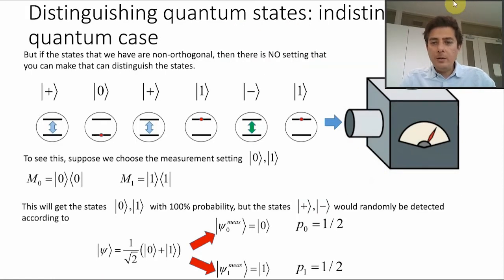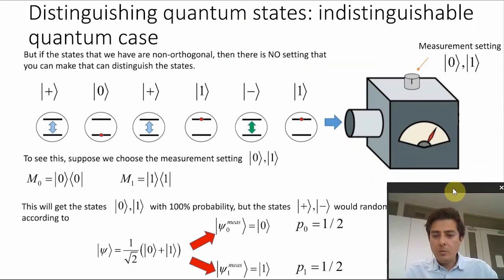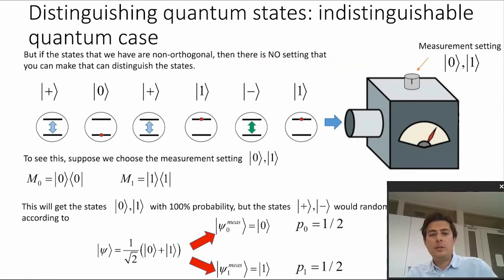Okay, now let's do a case where we cannot distinguish between the quantum states perfectly. In this case, it's sort of a hybrid of what we were talking about in the last two slides. Now suppose we don't just have all the atoms in 0, 1, nor just in plus, minus.